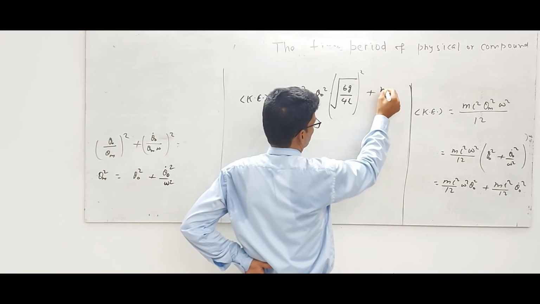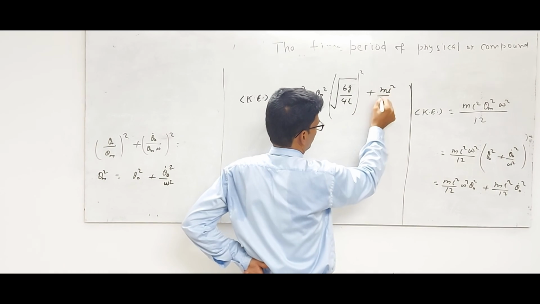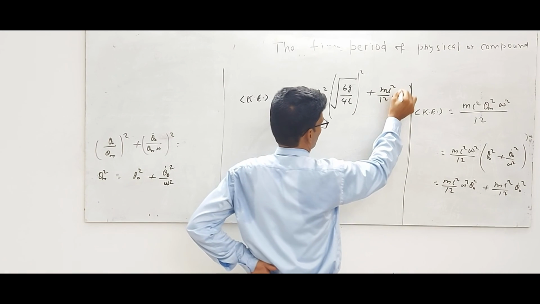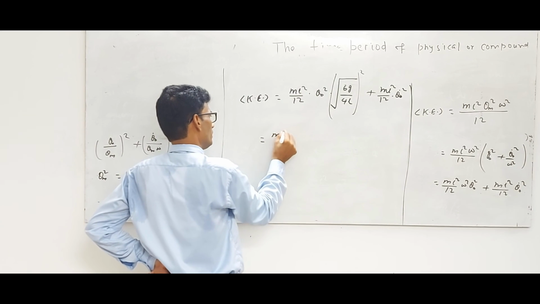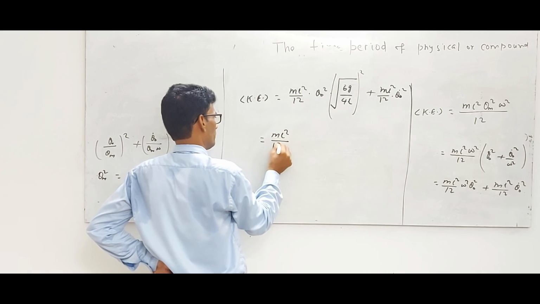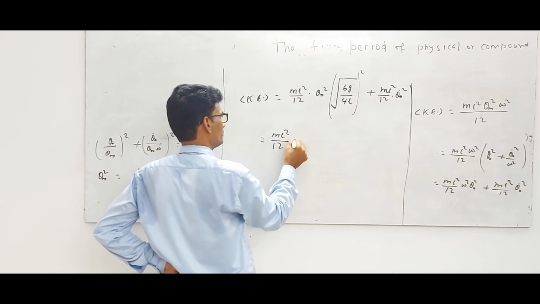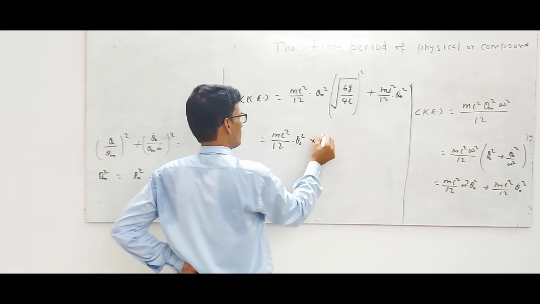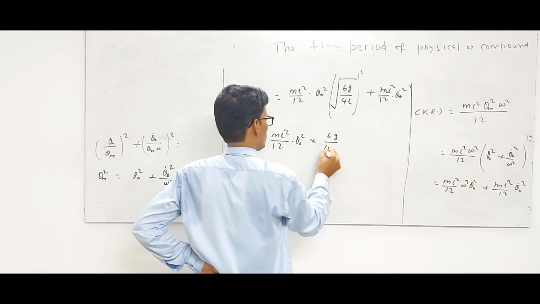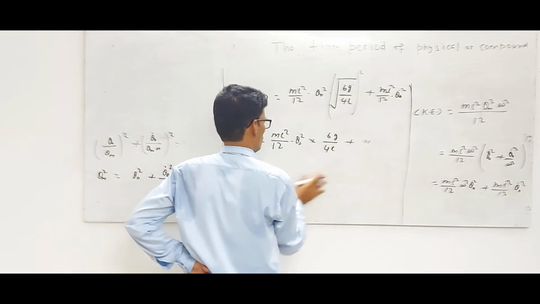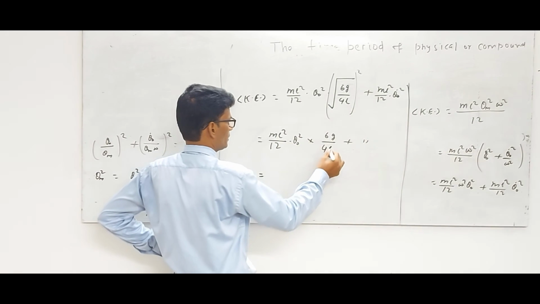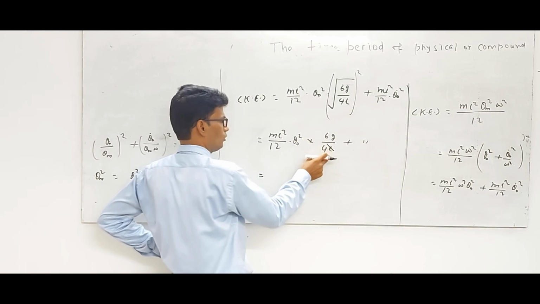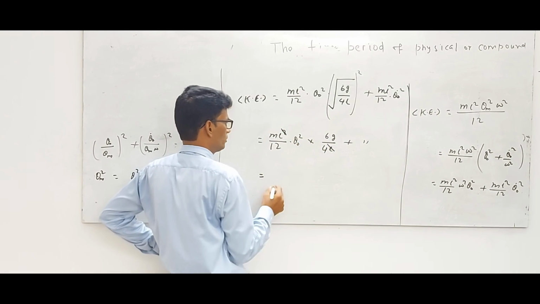Plus L square over 12 into theta dot. And this, L square over 12, theta square, 6g over plus 7. So one of the L non-zero terms cancels out.